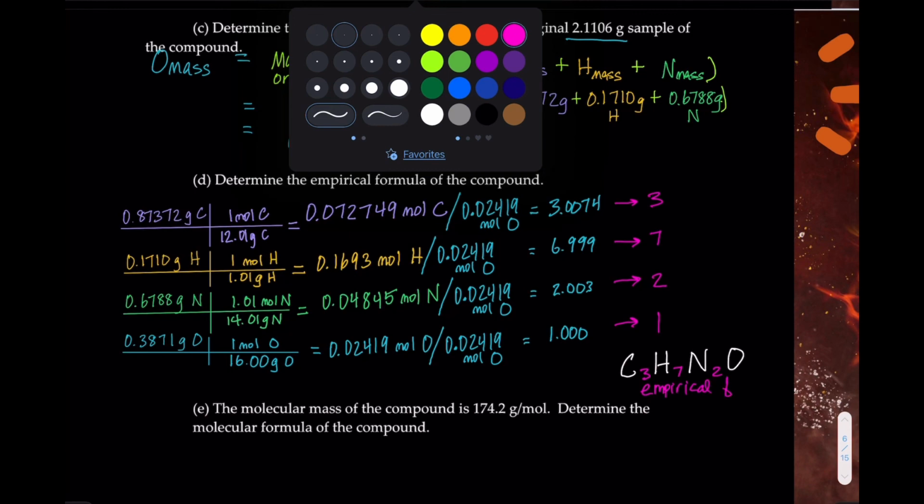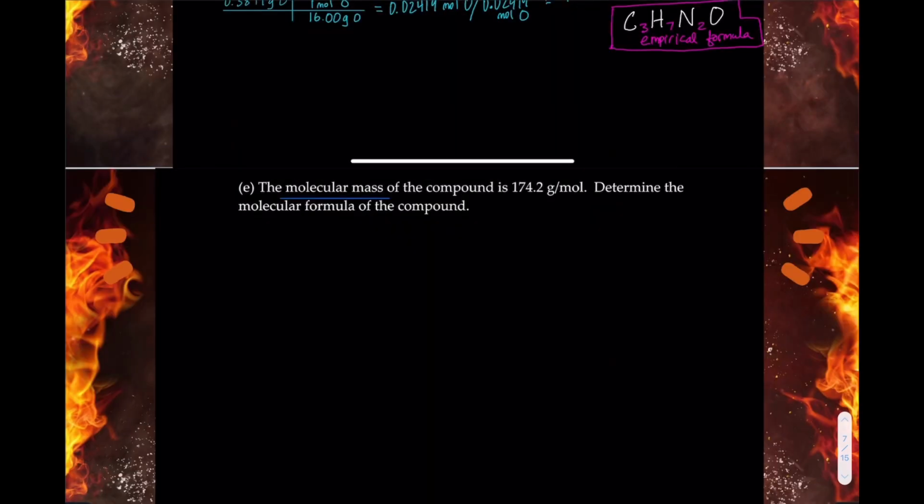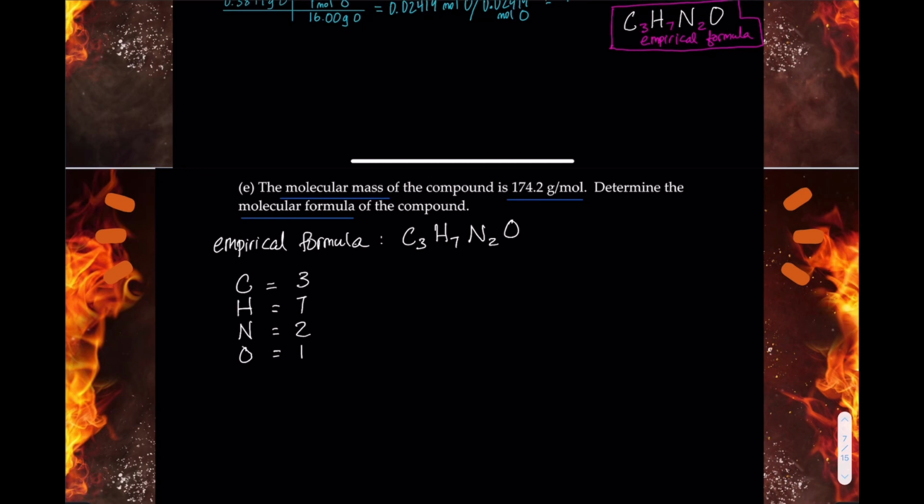formula. Part E gives us the molecular mass of the compound as 174.2 grams per mole. Using this data and the calculations we just performed, we're going to determine the molecular formula of this compound. So the first step will be to use the empirical formula that we just determined and figure out its molar mass. Let's start by separating out the elements and counting up the atoms.